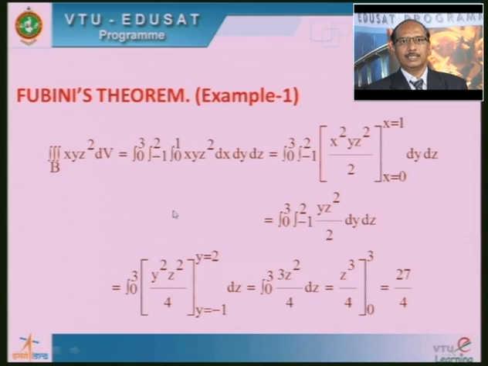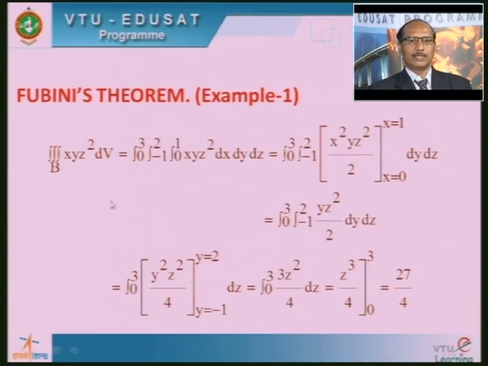Even if you want to change the order here, you will get the same answer. Suppose you want dy first, dx second and dz later. Accordingly you change their limits, then evaluate one by one, and you will get 27 by 4.